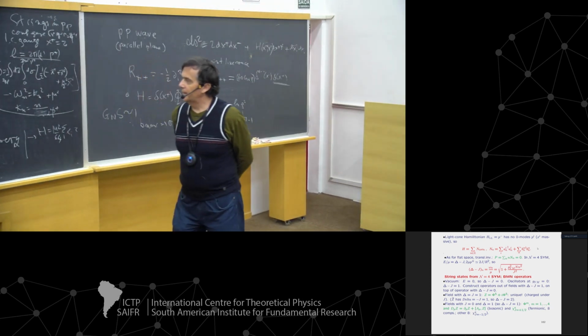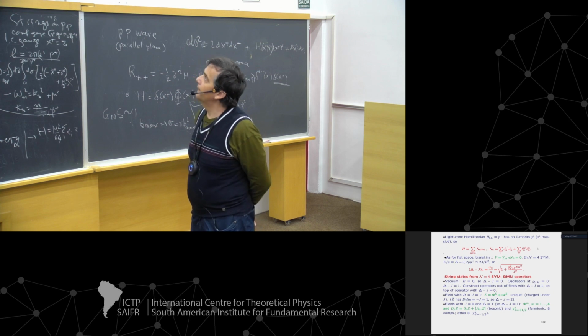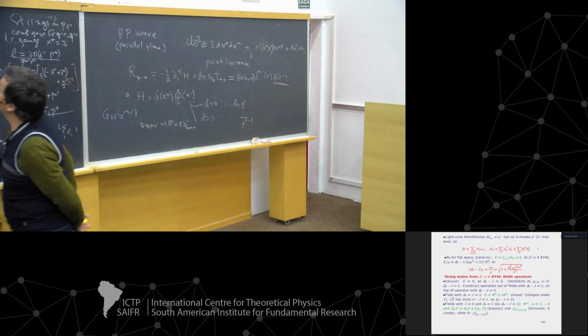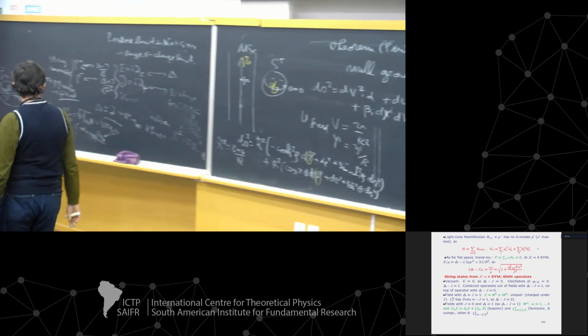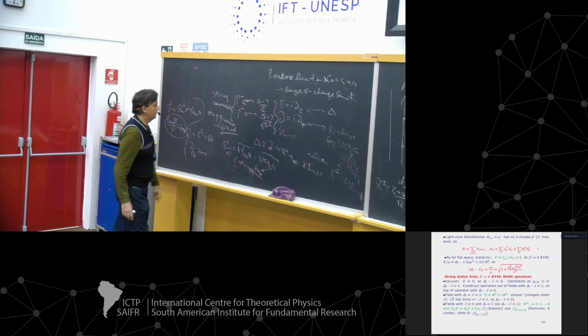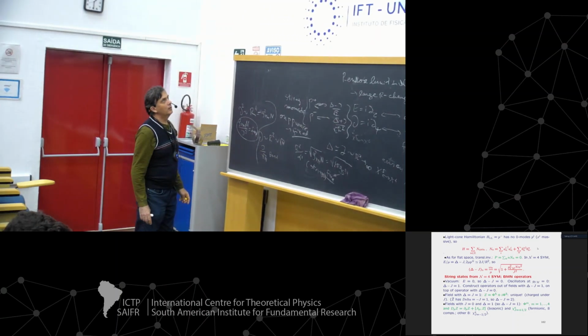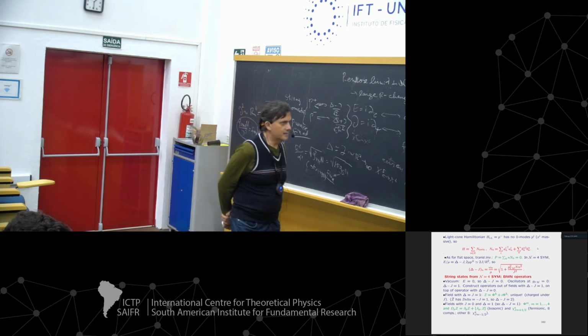So the only thing that remains is to rewrite this in terms of Yang-Mills quantities. And we have seen that r squared over alpha prime was equal to square root g squared Yang-Mills n.